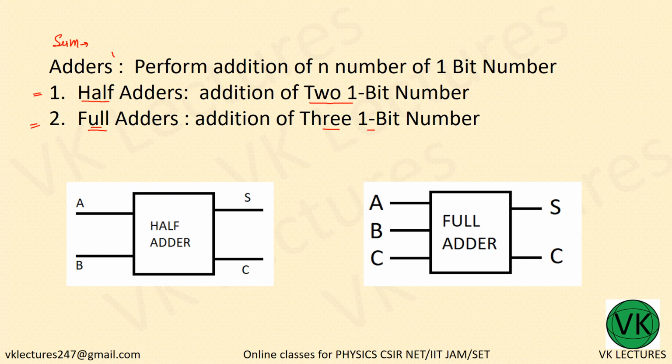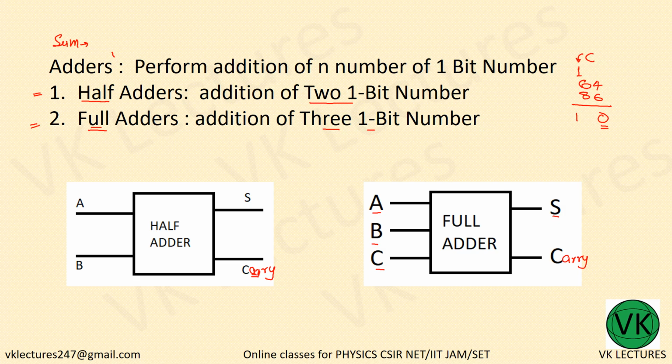So for the half adder, inputs A and B, this is the sum and this is the carry. Here you have the full adder. The full adder consists of 3 inputs and the sum and carry. This is carry. Here also we can write C for carry on the right. So carry means, for example, if you have 64 plus 86, 4 plus 6 is 10, so I put 0 here, 1 is the carry, C value is 1, sum is 0.